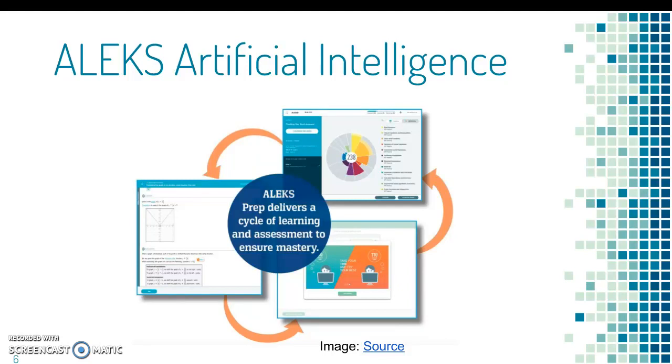As they progress through these lessons, it continually reassesses the students and categorizes different skill mastery levels to determine the topics that students are able to complete while having prior schema.